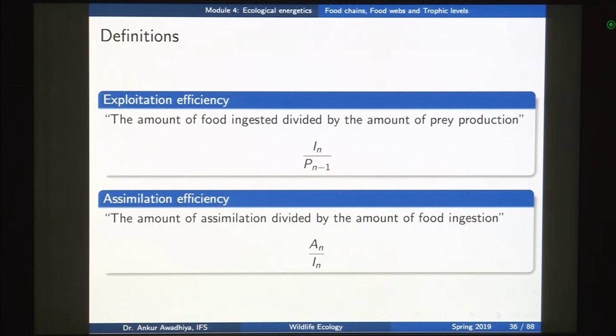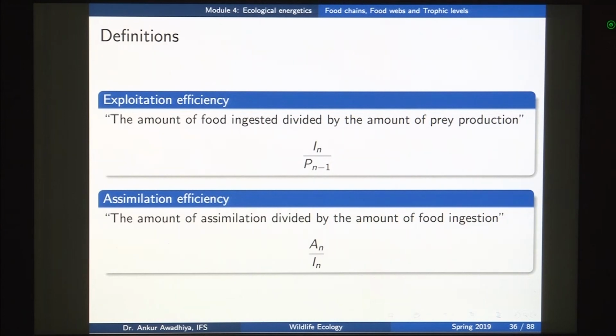Exploitation efficiency is the amount of food ingested divided by the amount of prey production. So, for instance, if you go to Kanha and you have say 10,000 kg of biomass that is available in the form of cheetal, and in a year out of that 10,000 kg of biomass that is being produced by the cheetals, our tiger is eating up say 100 kgs.